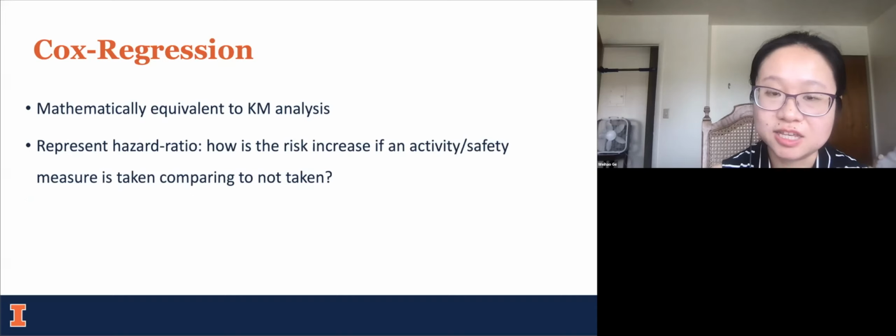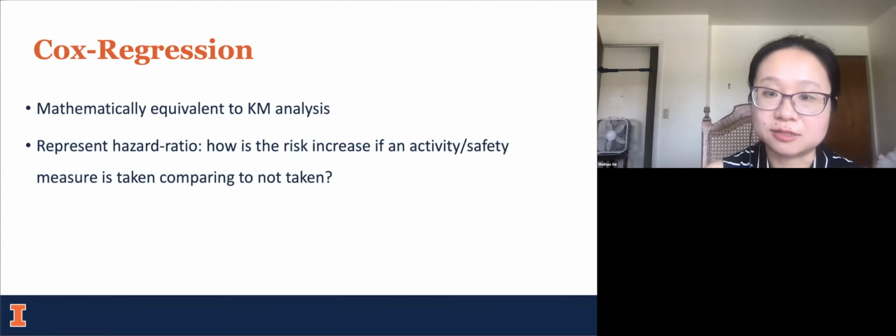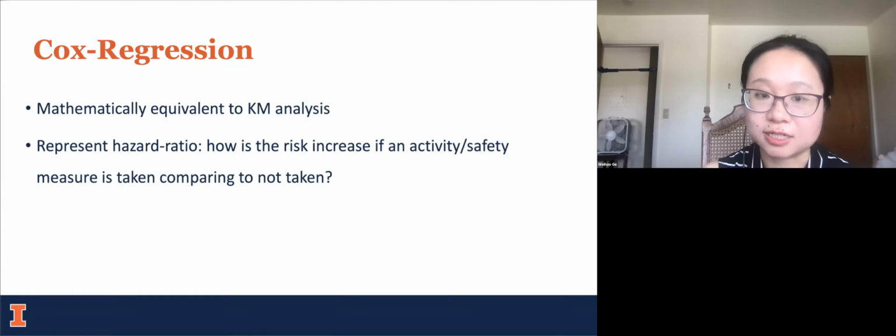And then we made the Cox Regression module to mathematically calculate the hazard ratio. That is, how much the risk increases if an activity or safety measure is taken compared to not taken. The Cox regression is mathematically equivalent to the Kaplan-Meier analysis, but the result is represented in the hazard ratio.